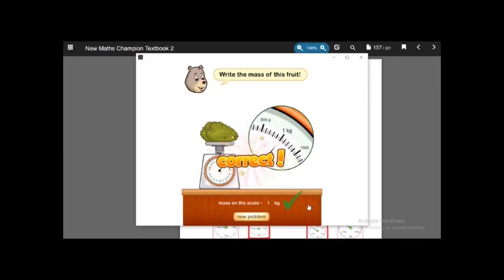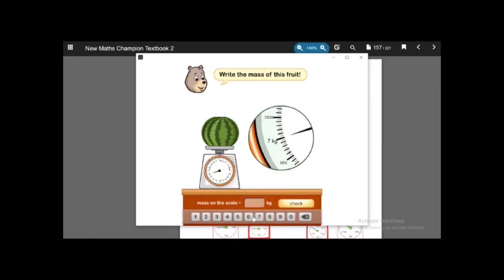Let's create another problem and let's choose the wrong answer. This is a watermelon and it is 7 kilograms, but we want to choose the wrong answer, for example 4 kilograms, and let's see. The answer is marked wrong. Isn't that so interesting? Yes, indeed.